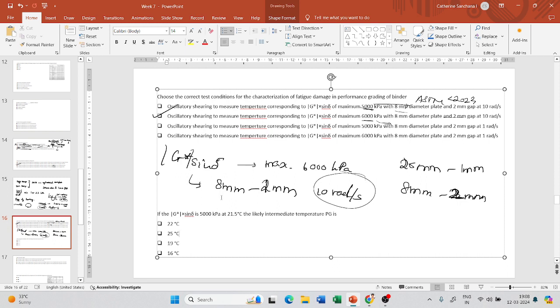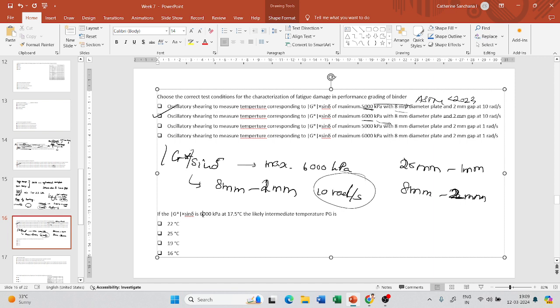So moving to the next question, here I would like to change the values, because we just now saw the same question. If G star into sine delta is 6000 kPa at 17.5 degrees Celsius, the likely intermediate temperature of PG is what?